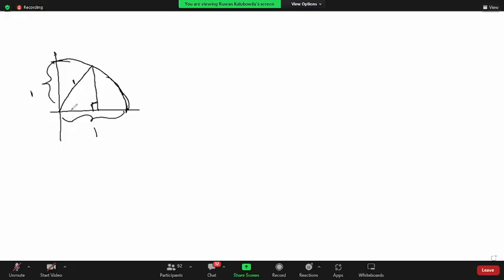Then I will mark on this right triangle, the length of this axis is x and the length of this axis is y. So let's take out the triangle. Right. So this is x, this is y.